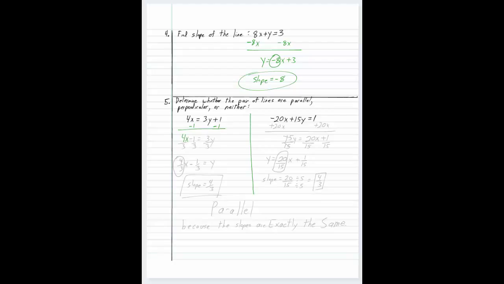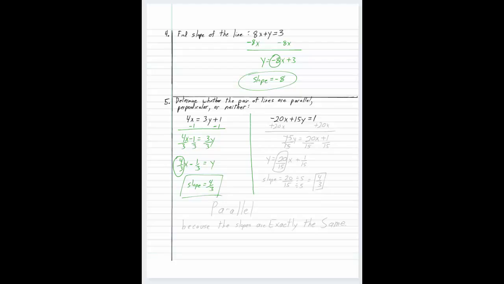So 4x minus 1 equals 3y. And then I'll divide everything by 3. So this becomes 4 over 3 x minus 1 over 3 equals y. Notice that the number that's in front of x is the fraction, 4 over 3. So the slope is 4 over 3.